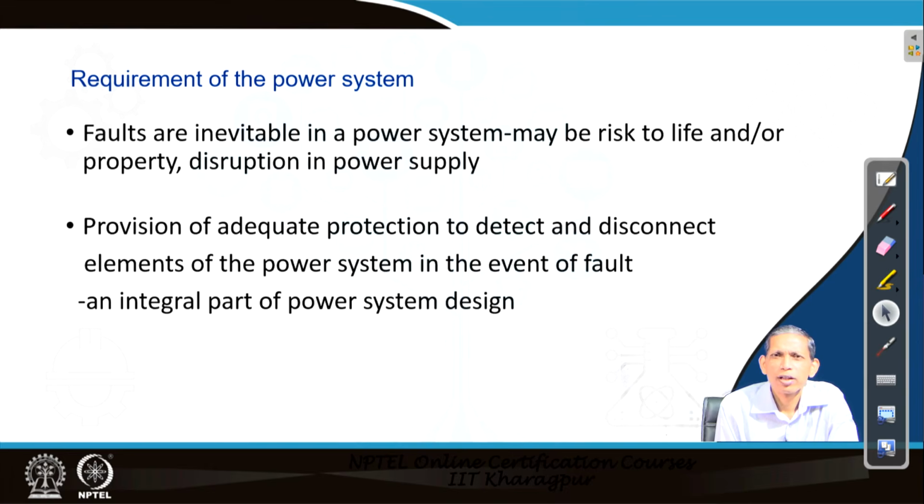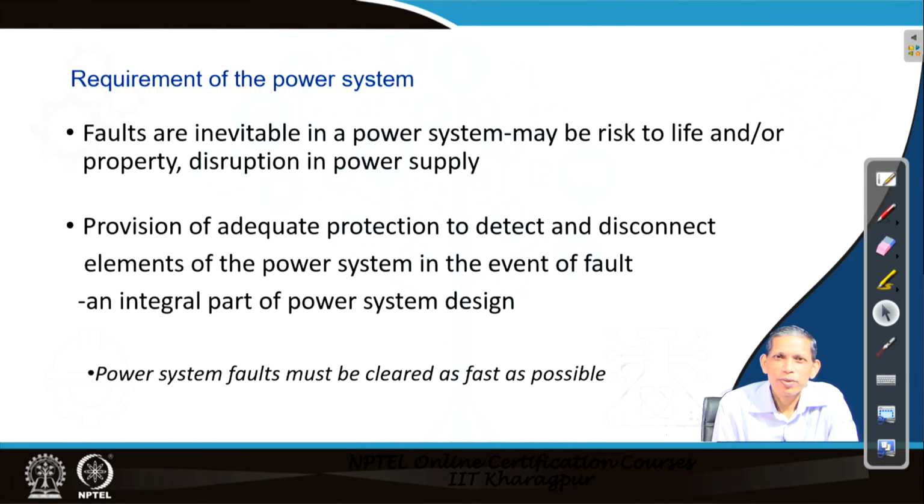For an overhead line, a vegetation issue can be cleared in advance, and so on. But still faults are inevitable, and they risk life, disrupt power supply, and cause loss of property. So, that asks for the provision of an adequate protection scheme for reliable operation of the power system, and therefore, the protection scheme is an integral part of any power system.